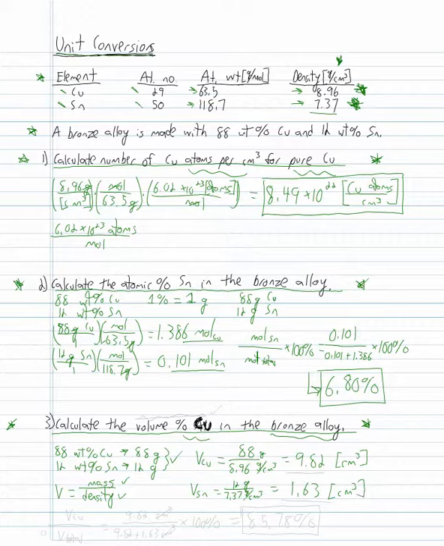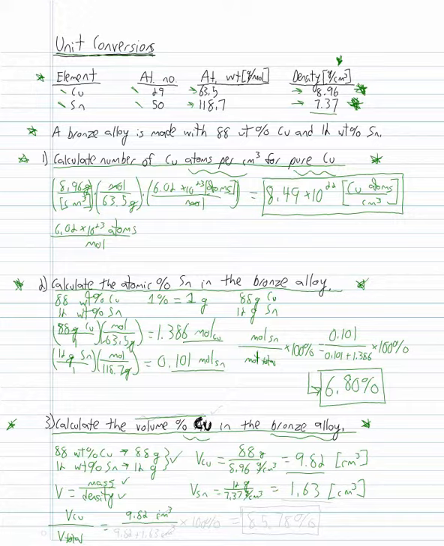Now, just like before, we're trying to find percentages, which means we need to set up a fraction. So the volume of copper, that's what we're looking for, volume percent copper, divided by the volume total. Taking our numbers over here, 9.82, that's in centimeters cubed.